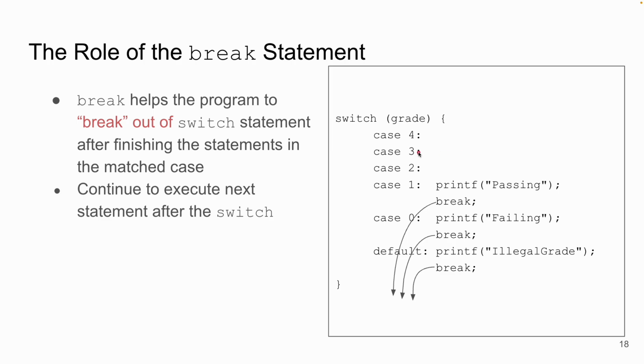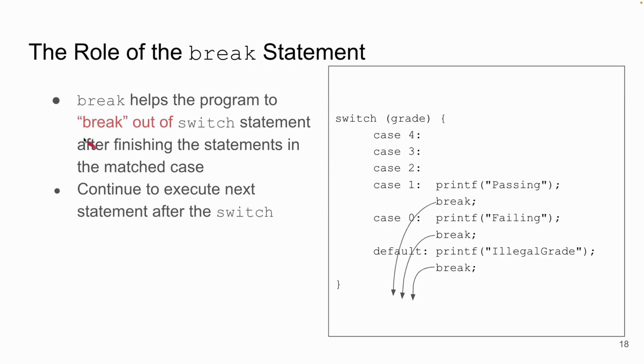Then you continue to the next line, case 2, and there's nothing here, then you go to case 1. In case 1, you have one printf, so you run the printf here, and then the next statement is break.